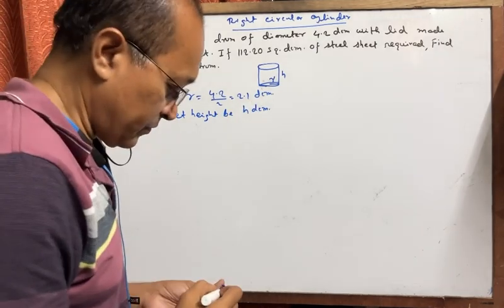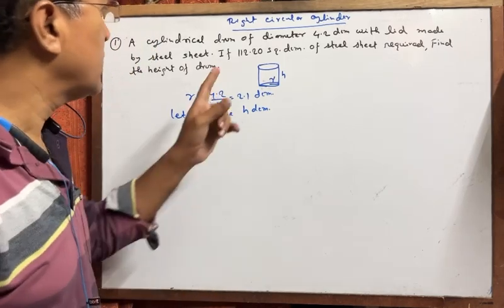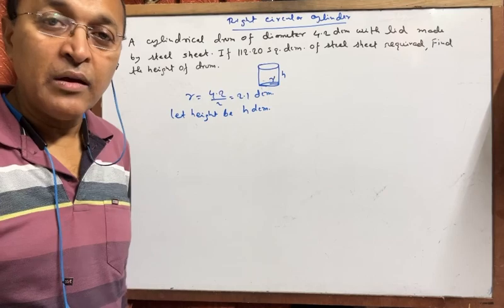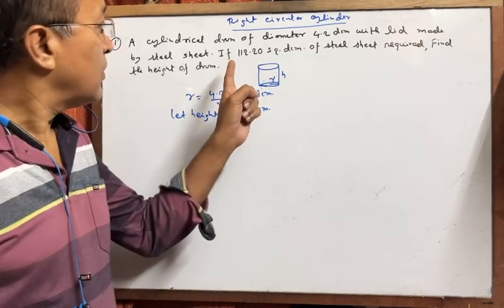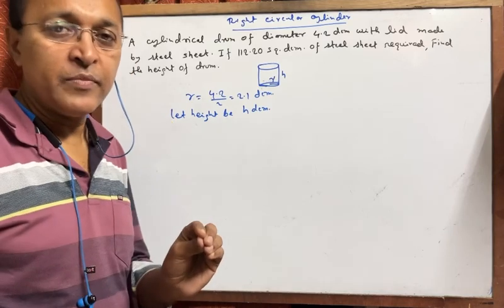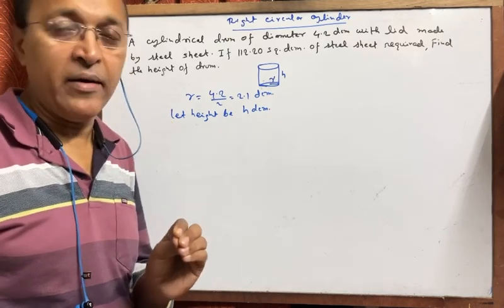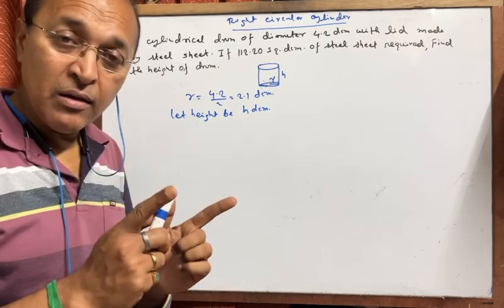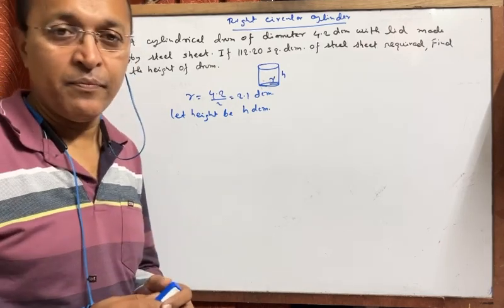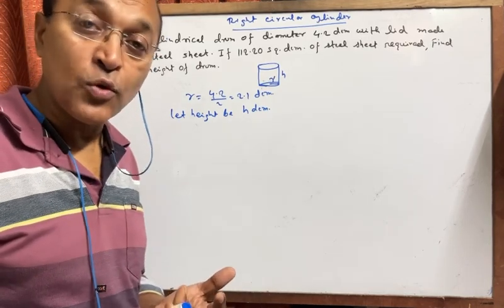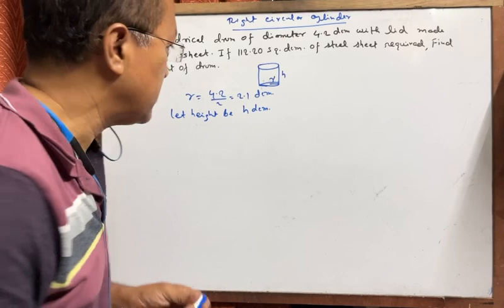What to find out? Total surface area, because 112.20 square decimeter of steel sheet required to make that drum means total surface area. So you have to know the formula of total surface area of a cylinder, right?